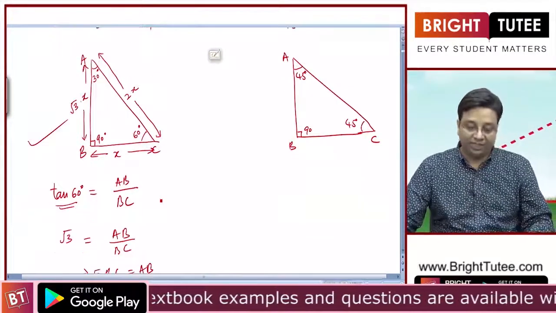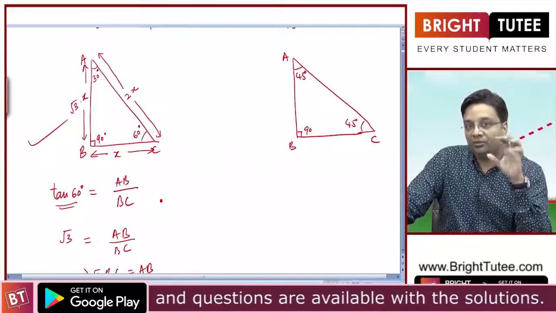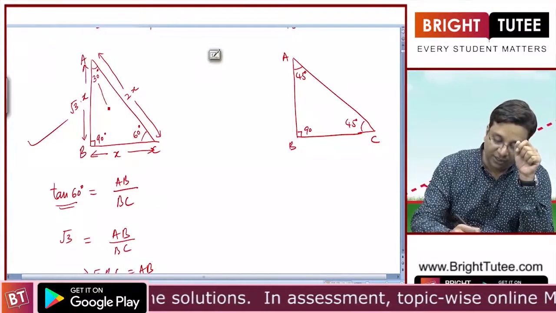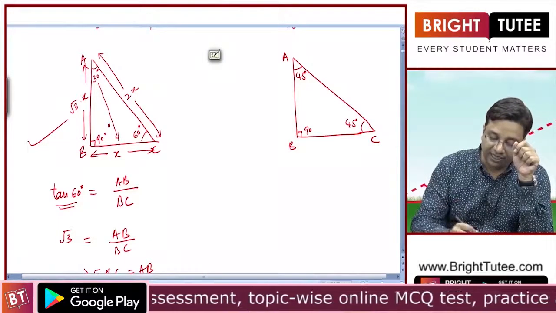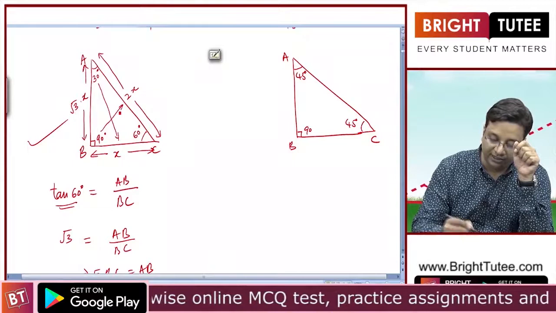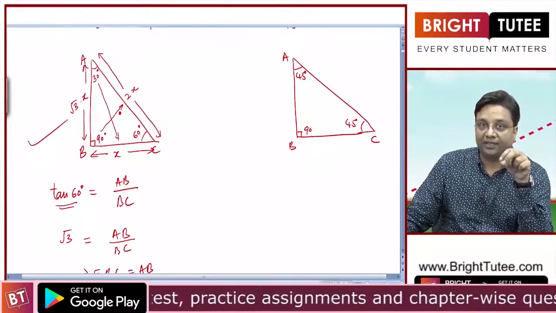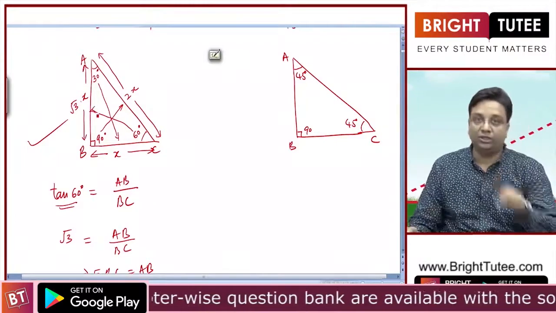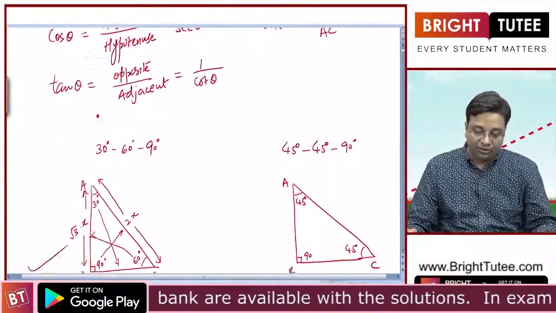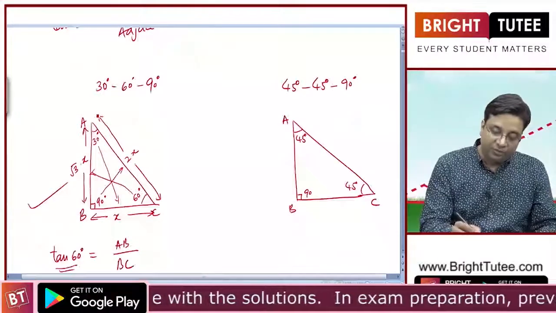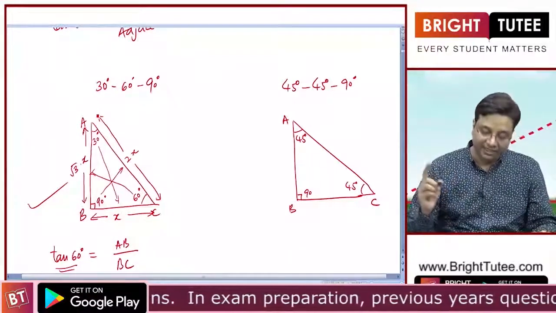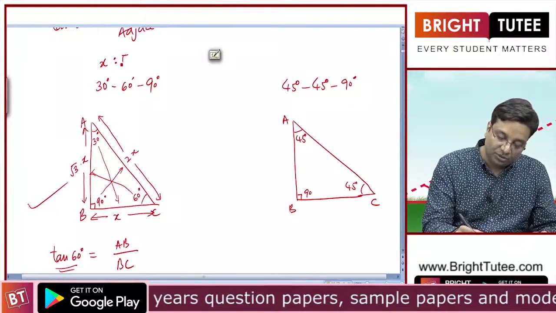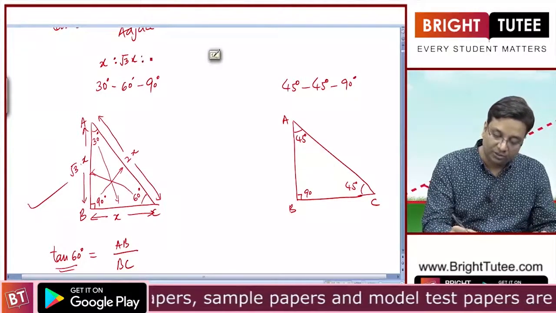Now what can we say about the ratios of these sides? That the side opposite to 30 degrees is x, the side opposite to 90 degrees is double of x, that is 2x, and the side opposite to 60 degrees is root 3 times x. So the ratio of sides opposite 30 degrees, 60 degrees and 90 degrees is x is to root 3x is to 2x.